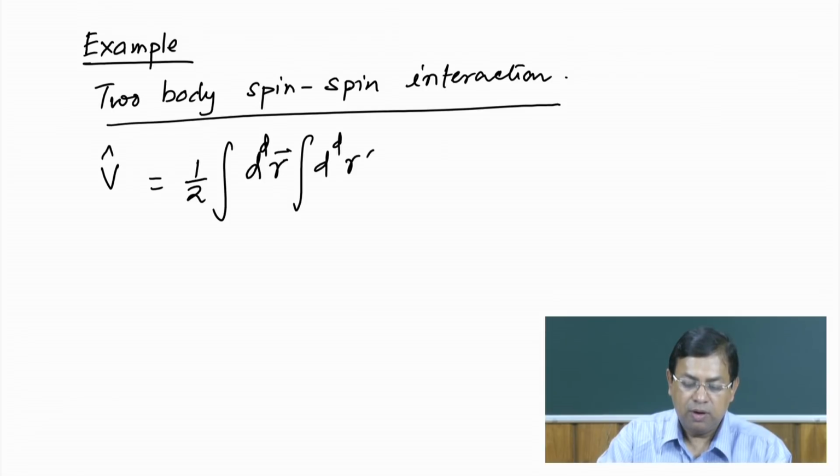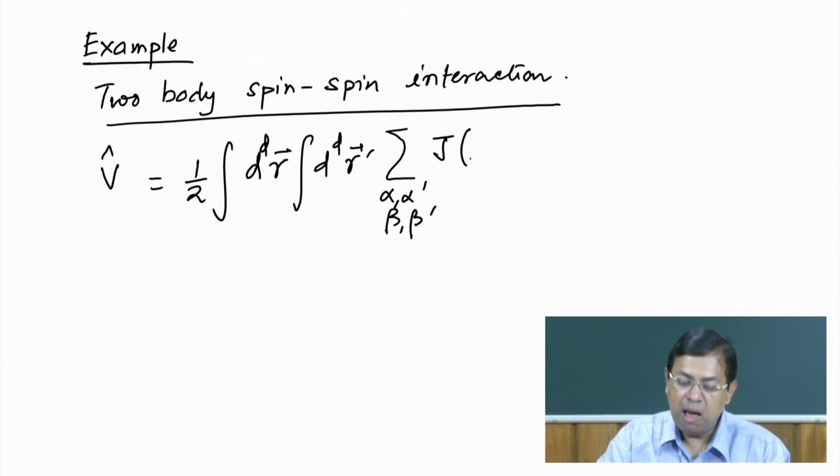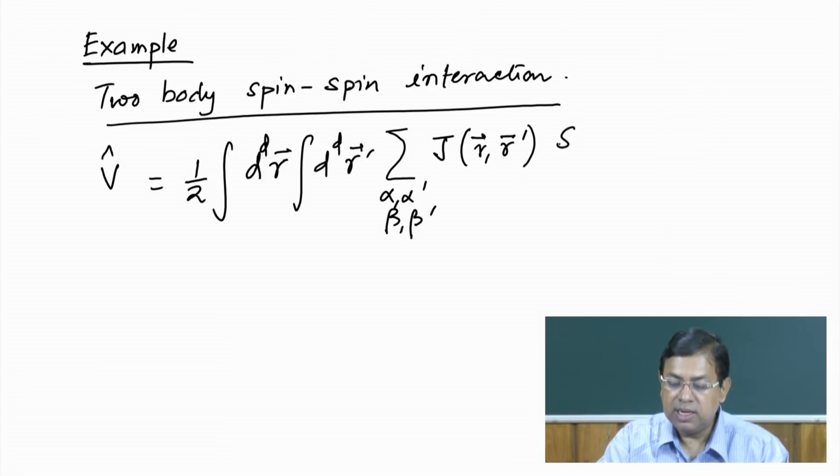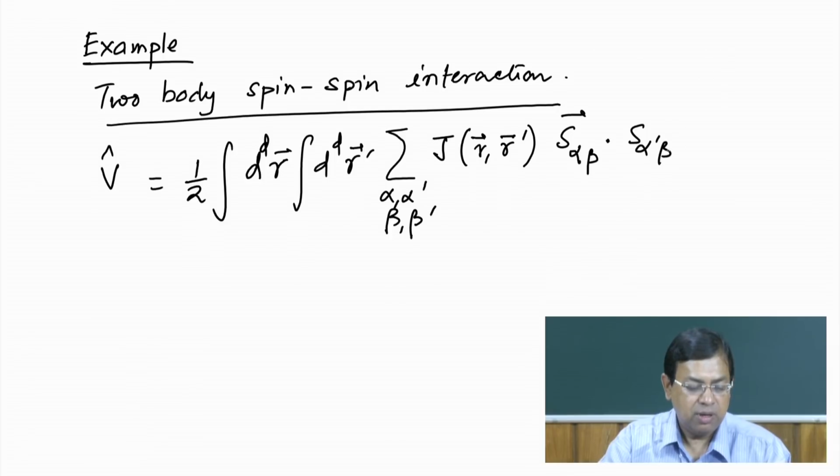And I have a sum over alpha alpha prime beta beta prime, and there is an amplitude, that is the amplitude of the spin spin interaction, which is given by J r r prime, and there is S alpha beta dotted with S alpha prime beta prime.